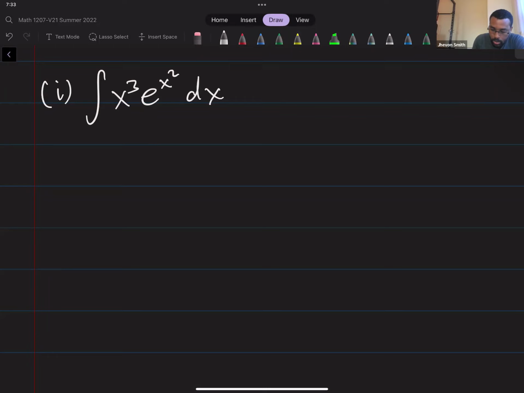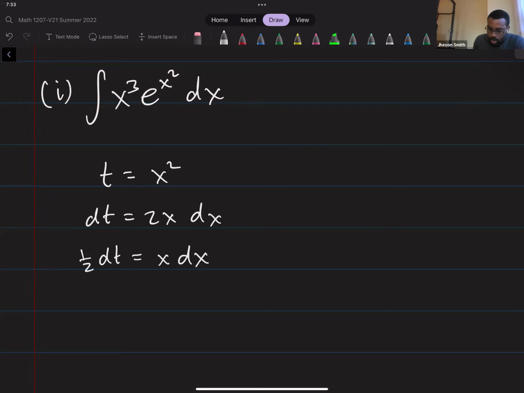So I did a u-sub, n equals x squared, and then you get a 2x, which cancels out x cubed, that turns into x squared, and then you can turn that also into your sub variable, and then perform an easy integration by parts.